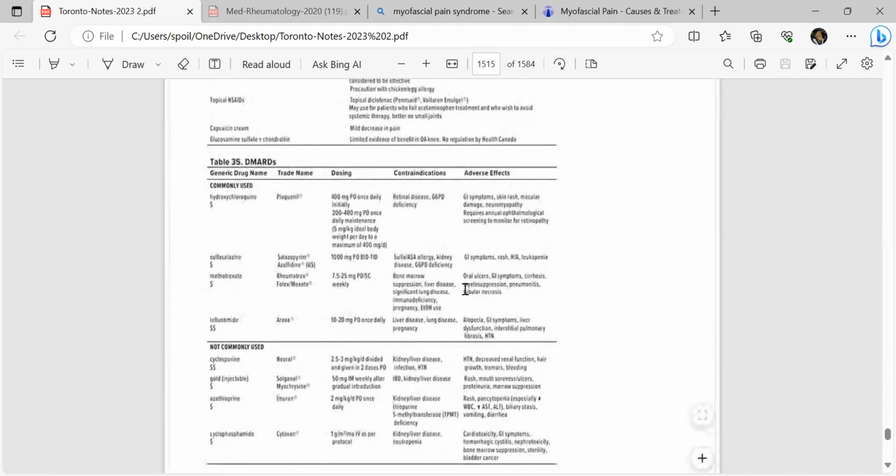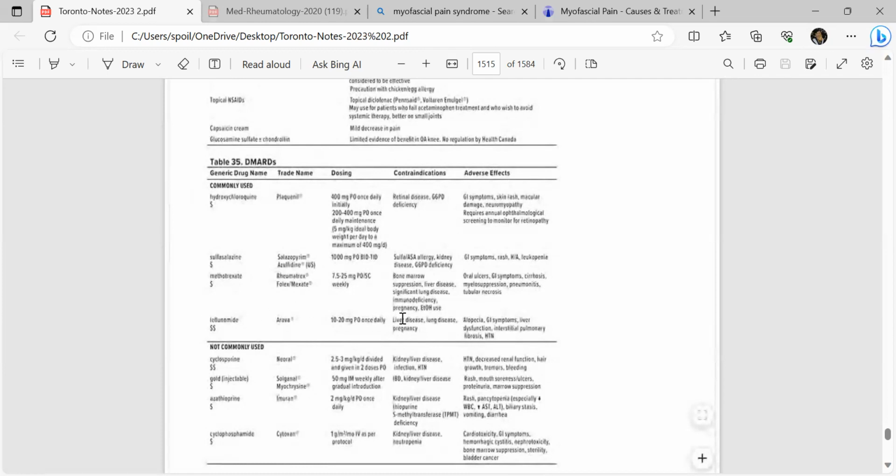And I just read that if you're giving methotrexate, then you have to give folic acid throughout because it causes anemia.